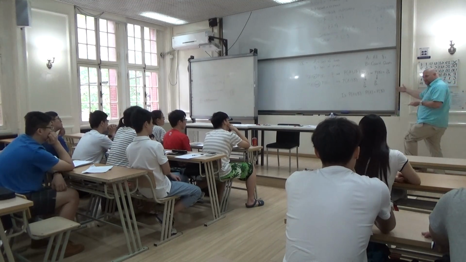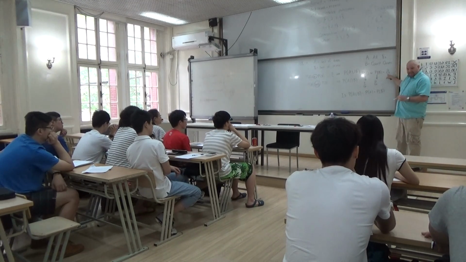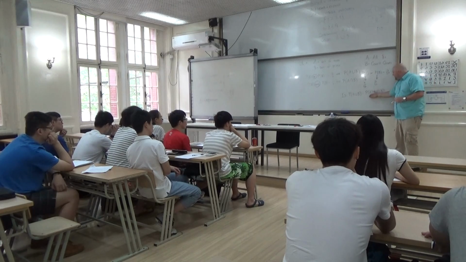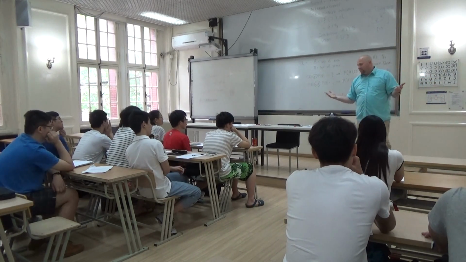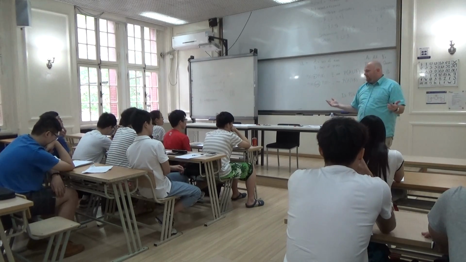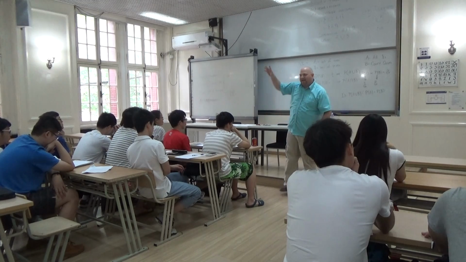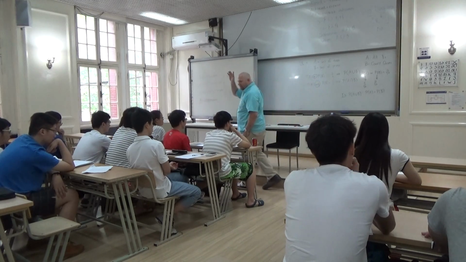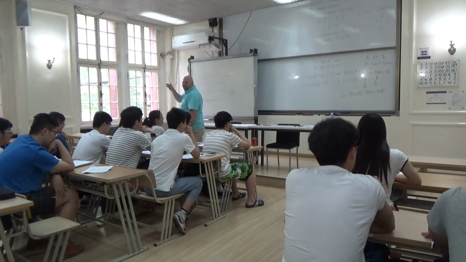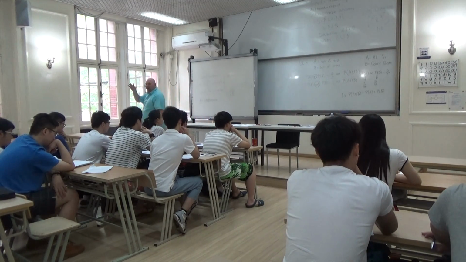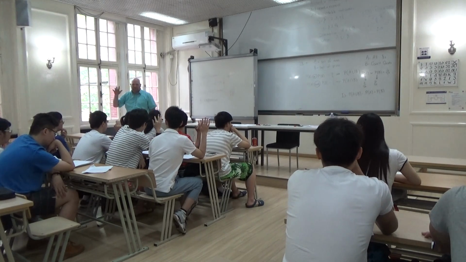If I add these two fractions together, I get the answer. So I know that it's true for this example. Is it true for every example? What do you think? Raise your hand if you think the answer is yes, it's true. Nobody? Raise your hands if you think that is false. About half. Okay, what about the other half?